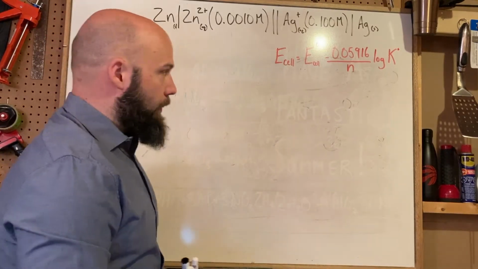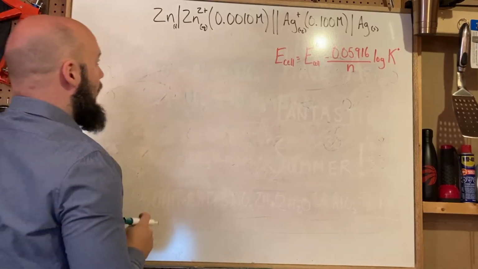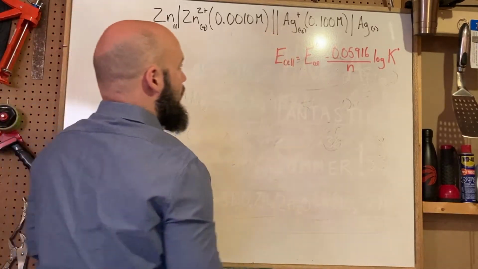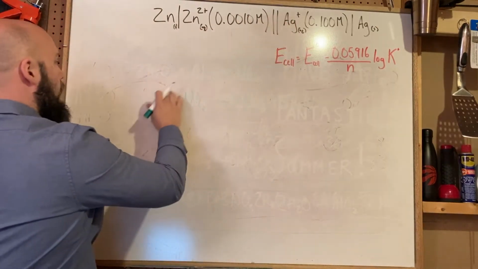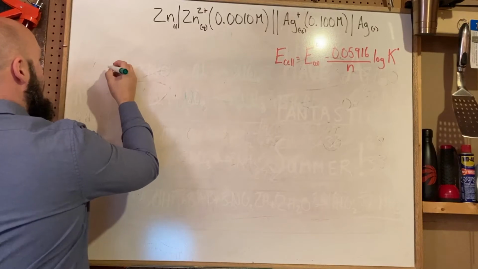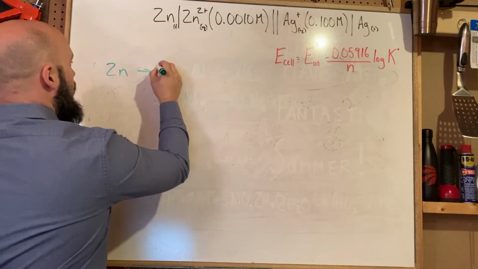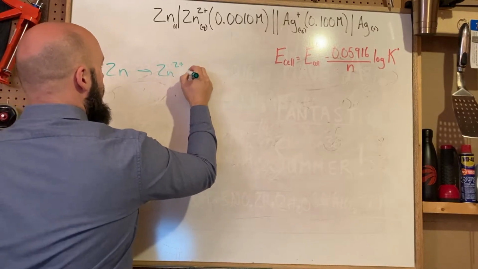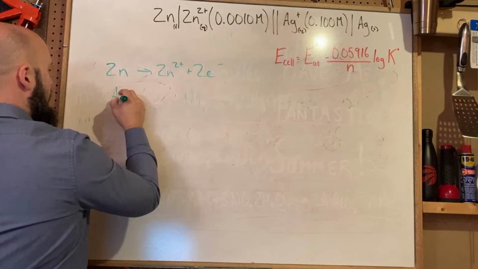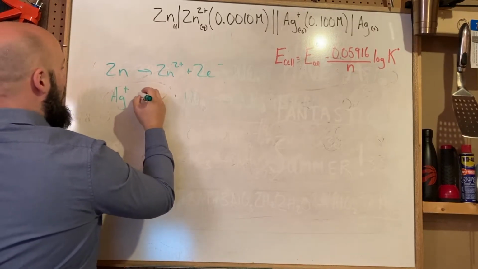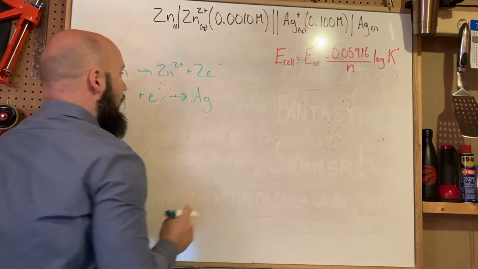It's given a little asterisk there because it's more representative as Q, because the solution is not necessarily at equilibrium. Let's write out our half reactions here. This is our anode, because the cell notation is anode cathode. So we have oxidation occurring at the anode, and we're going to have zinc going to zinc 2 plus plus 2 electrons, and you're going to have silver plus 1 electron going to solid silver at the cathode.